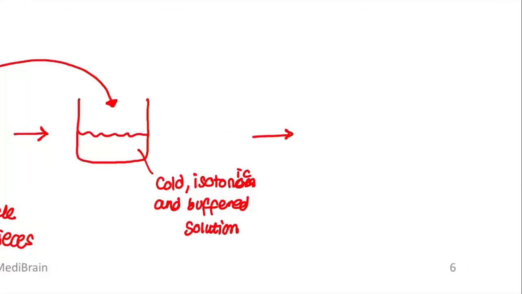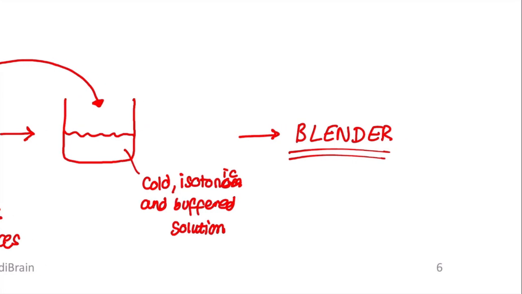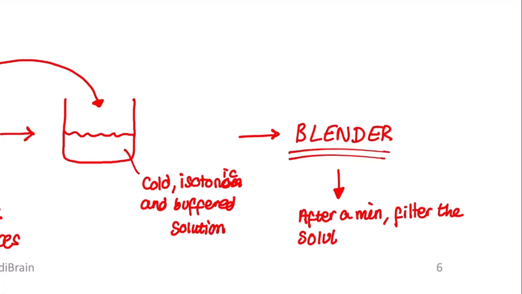Once we've added this, we're going to blend it. We're going to turn the blender on and leave it for a minute and allow it to blend. Once it's been a minute, we're going to pour it out and filter the solution into a beaker.